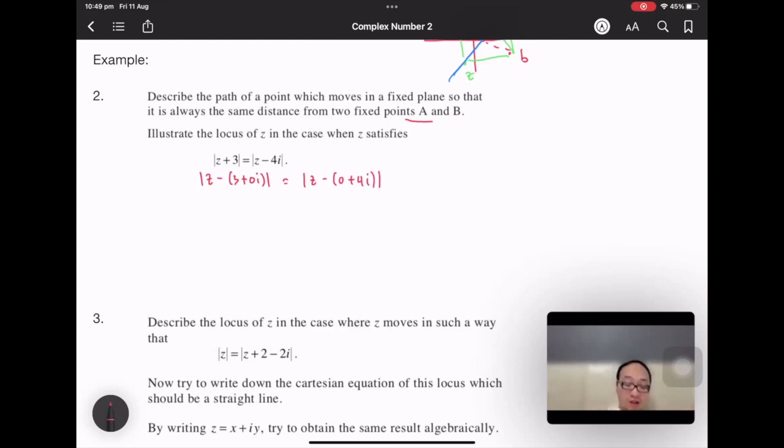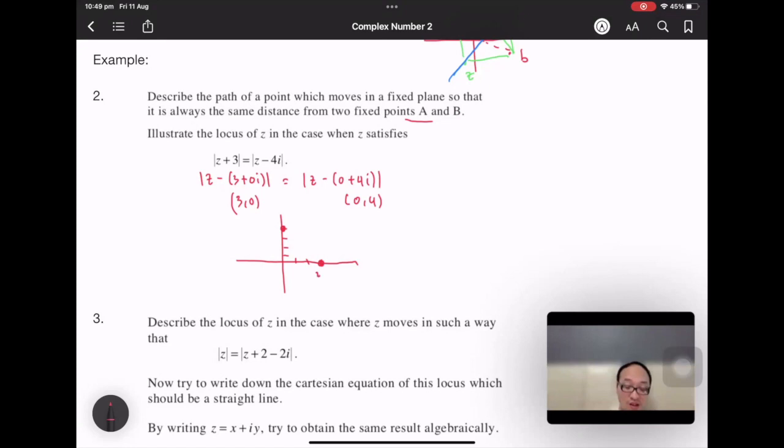So this is the coordinate (-3, 0) and this is the coordinate (0, 4). So I can just draw 3 and 0, 1, 2, 3 here, and 0, 4, 1, 2, 3, 4 here.